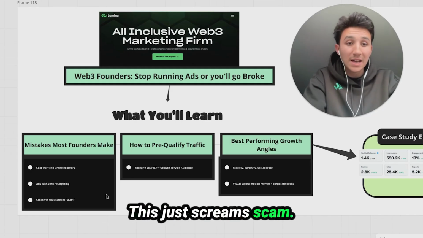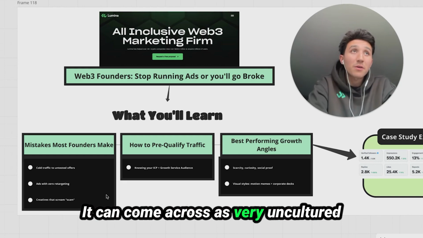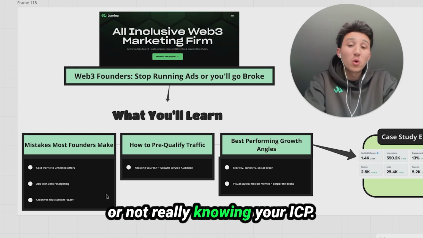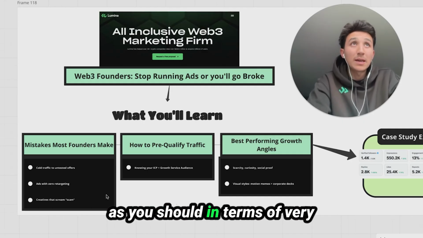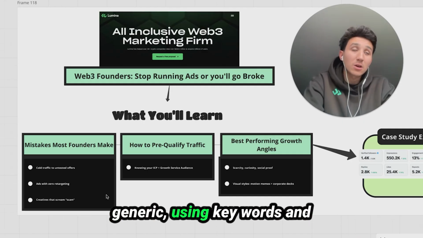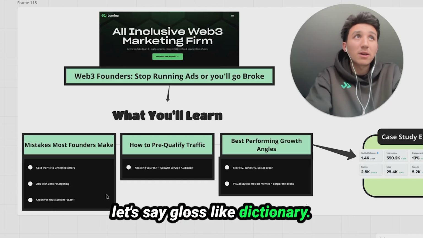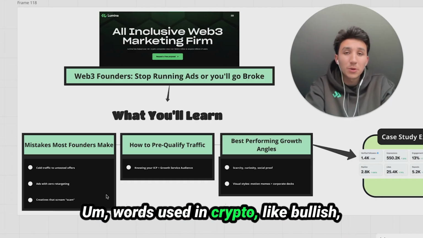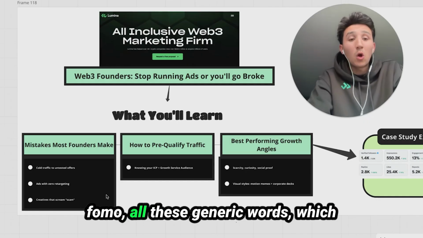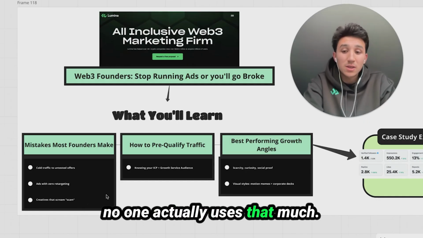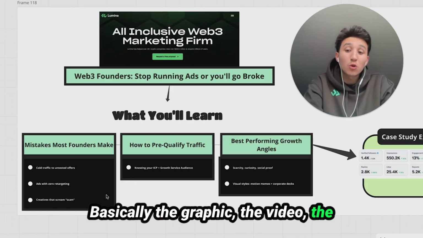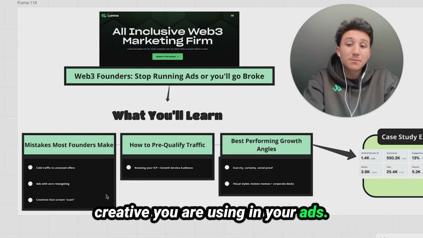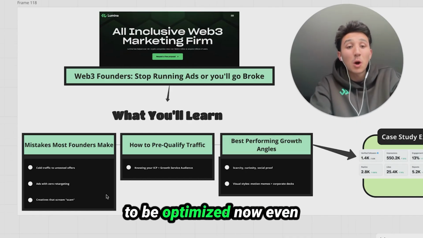This just screams scam. It can come across as very uncultured or not really knowing your ICP, ideal customer profile, as well as you should, using very generic keywords and dictionary words used in crypto, like bullish, FOMO, all these generic words which no one actually uses that much. Basically, the graphic, the video, the creative you're using in your ads screams scam and needs to be optimized.